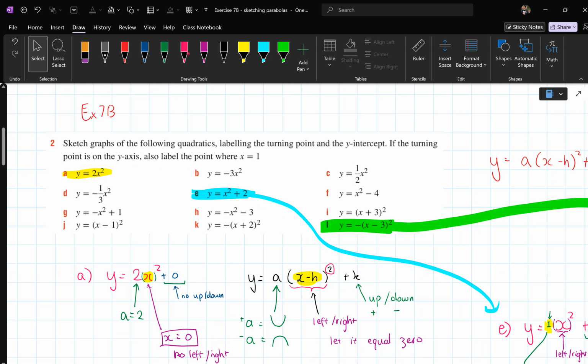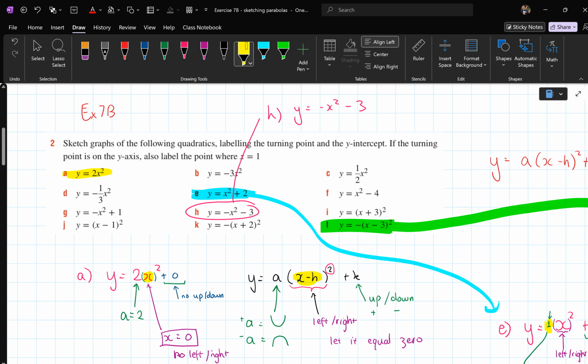So if I were to read this quickly, y equals negative x squared minus 3, what I can see is this is separate from the squaring, so this must be down 3. The negative tells me it's a frown, so it's a negative 1 at the front. And what am I squaring? Just the x, so no left and no right. If I were to sketch it, it goes down by 3, so down negative 3, it's a frown. There you go, no left or right.